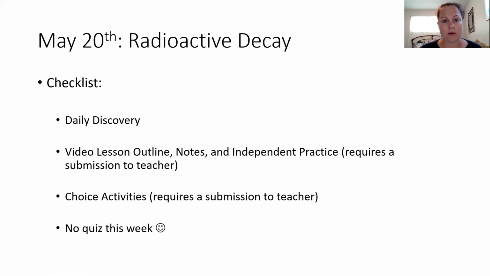In this video, I'm going to go through the outline, notes, and independent practice, and this will require you to submit something to me this week. We're going to talk about your choice activity, which also requires you to submit something to me this week. And then some feedback was we're kind of sick of quizzes. I know that we kind of like the format, but I'm going to give you a week off from quiz.